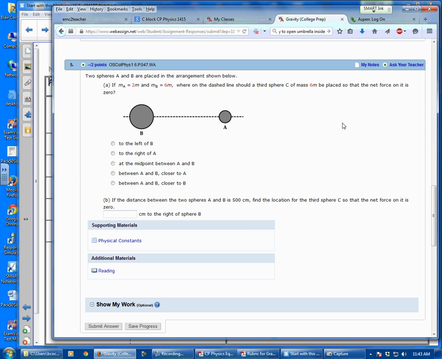So, number 5. Got these 2 spheres, and they both have mass, so they're both massive. Where would you place a third sphere so that the net force on it is 0?